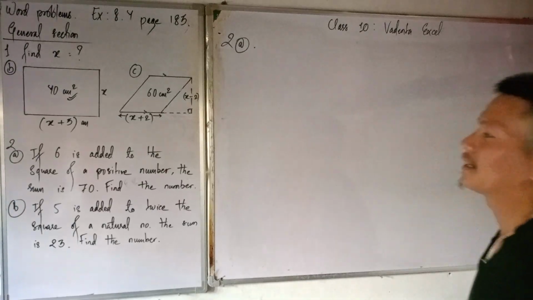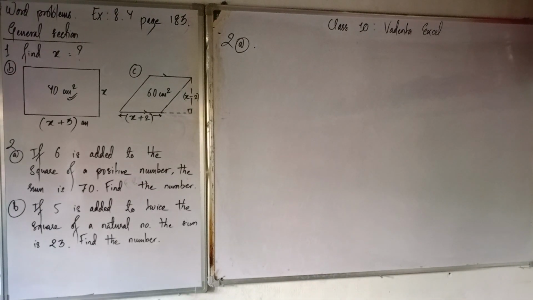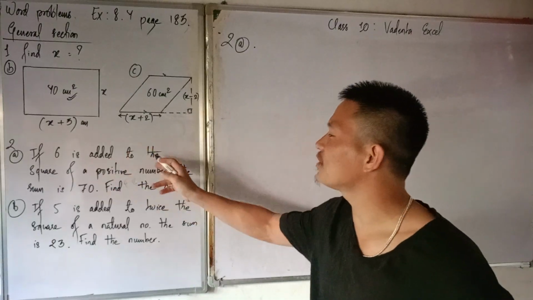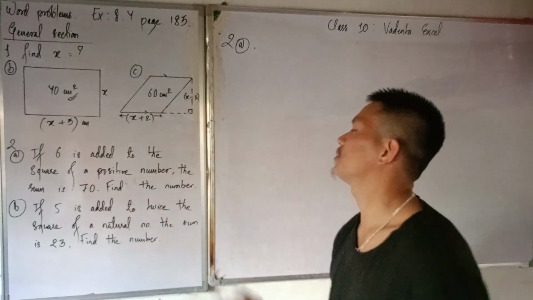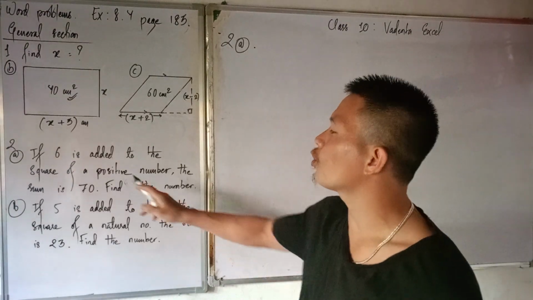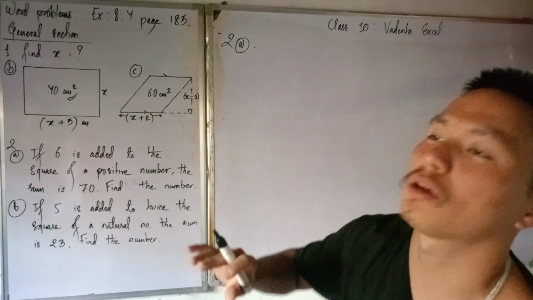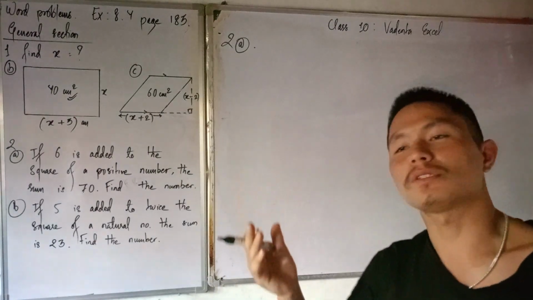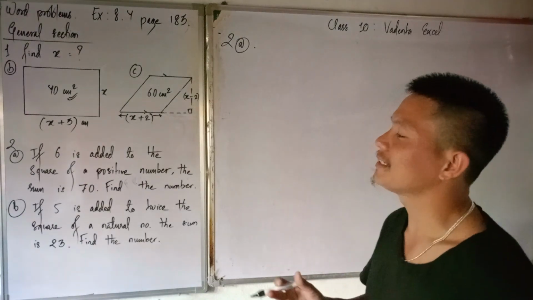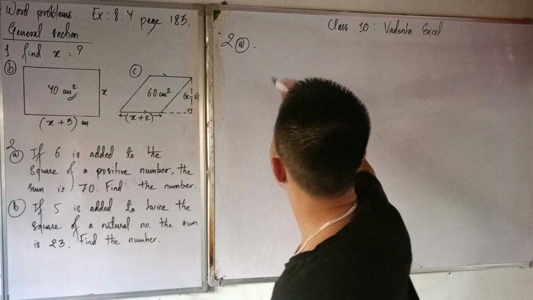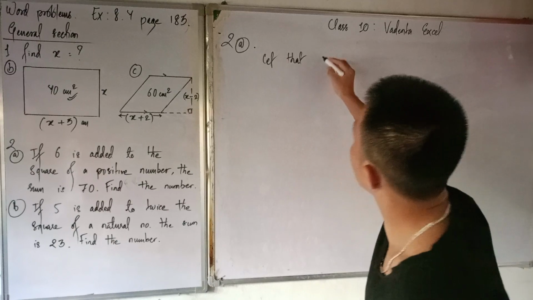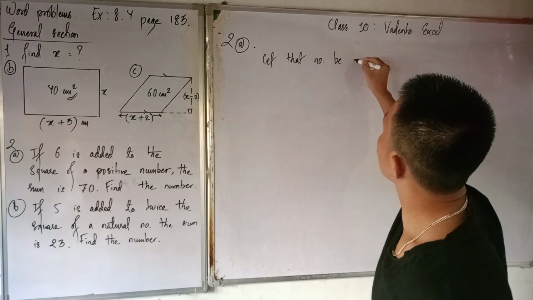So in 2A, if 6 is added to the square of a positive number, we don't know the number, but then the sum is 70. Since we don't know that certain number, you just suppose some variable as that number. Okay, let that number be x.